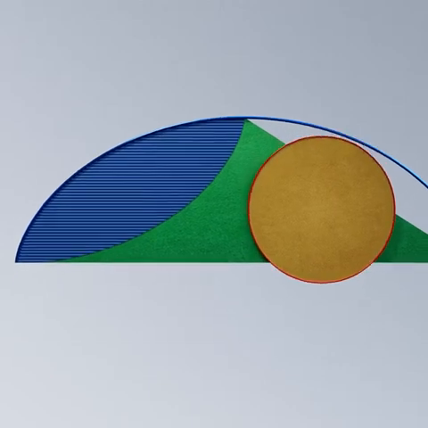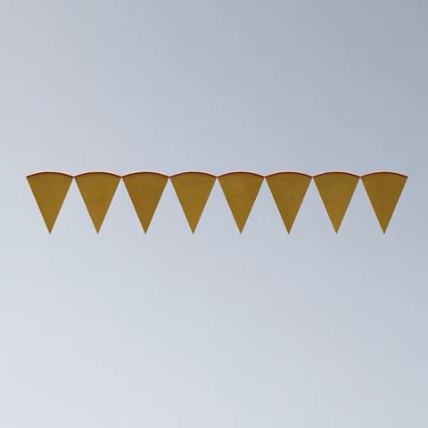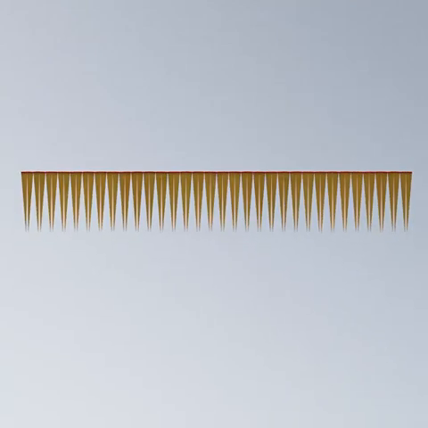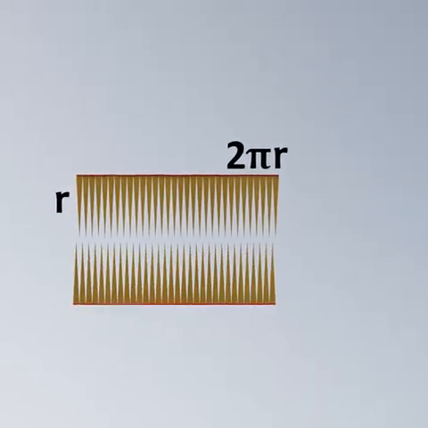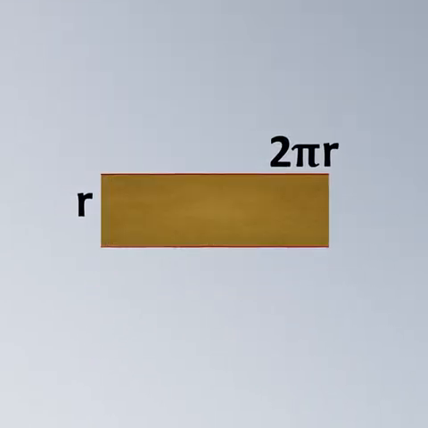We can find the circle's area by breaking it apart into smaller and smaller wedges. The wedges are 1 radius tall and stretch out to a width of 1 circle circumference, or 2 pi r. We can fit these wedges into a rectangle. The rectangle has a height of 1 radius and a width of 1/2 of a circumference, or pi r.